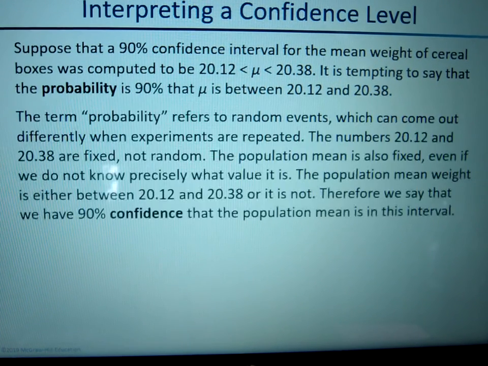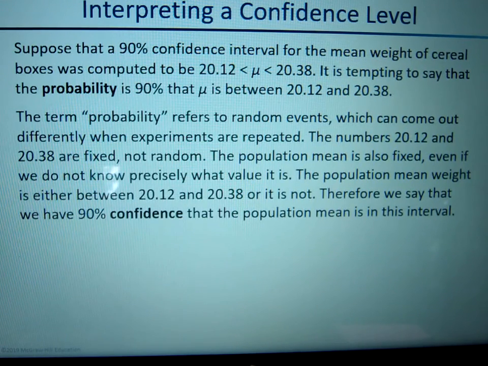The term probability refers to random events, which can come out differently when experiments are repeated. So the numbers 20.12 and 20.38 are fixed. They're not random. The population mean is also fixed, even if we don't know its precise value. The population mean weight is either between 20.12 and 20.38, or it is not. Therefore, we say we have 90% confidence that the population mean is in this interval.